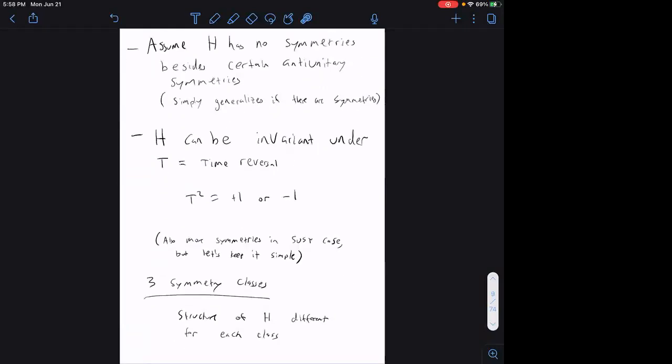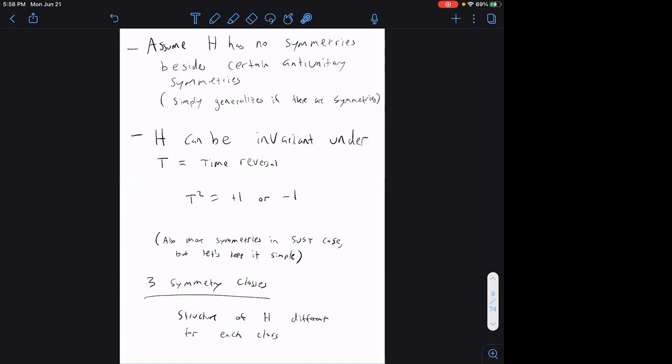Okay, so what we're going to do is say the Hamiltonian for a chaotic system looks like a random matrix. So we're going to have to talk about what a random matrix is and how they behave. For simplicity, we're going to focus our attention on Hamiltonians and matrices with no symmetries, besides certain anti-unitary symmetries, which I'll talk about in a moment.